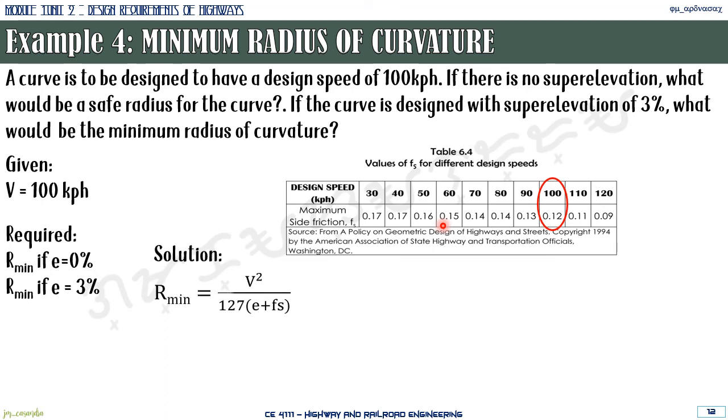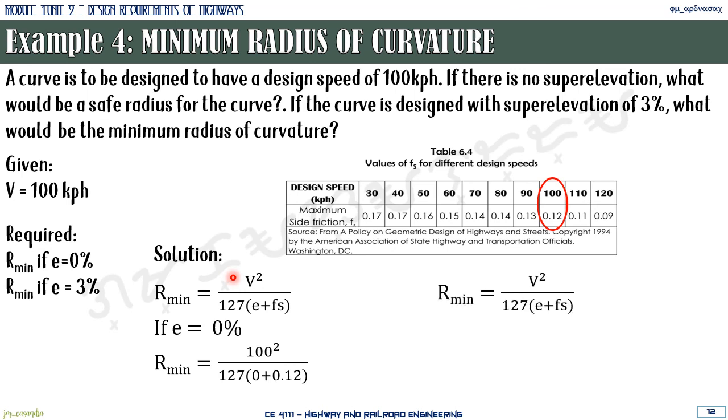So for our solution, we'll be using the general equation for R min: V squared over 127 times (e plus fs). The only thing that will change is the value of e. So if we have e equal to 0%, then that will simply be 100 squared divided by 127 times 0.12, giving us a value of 656.168.